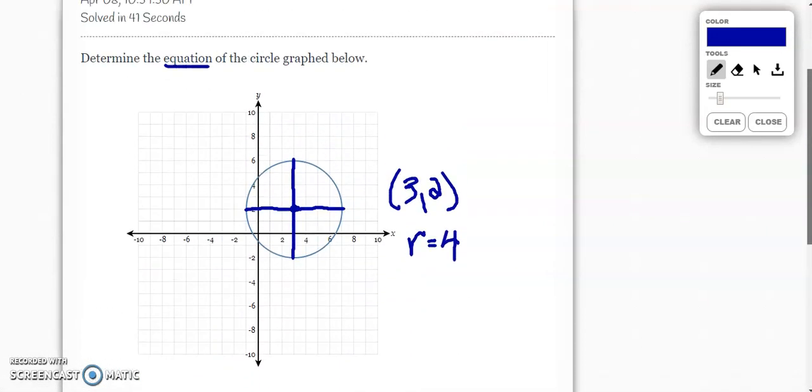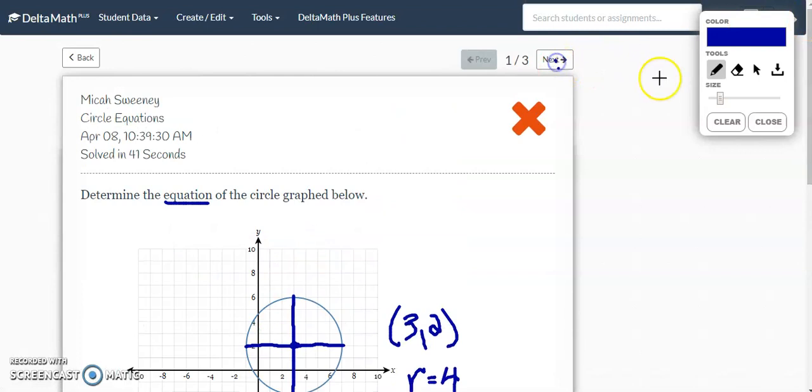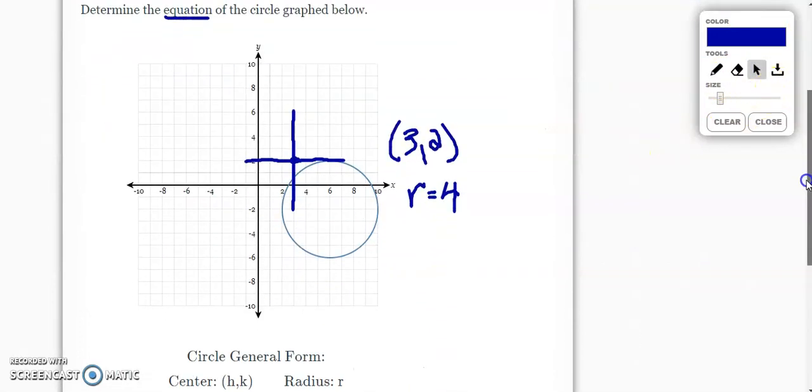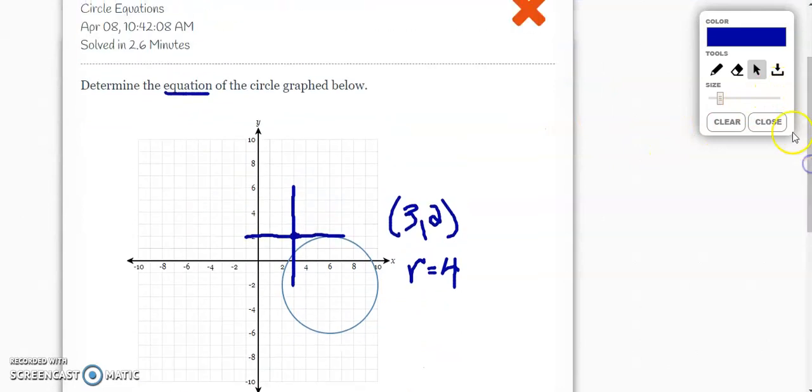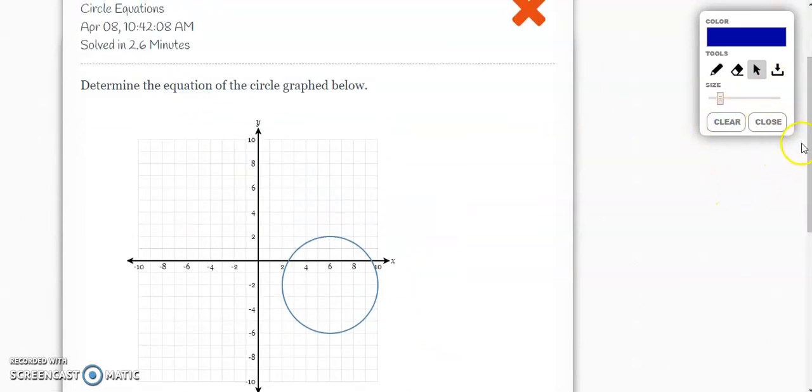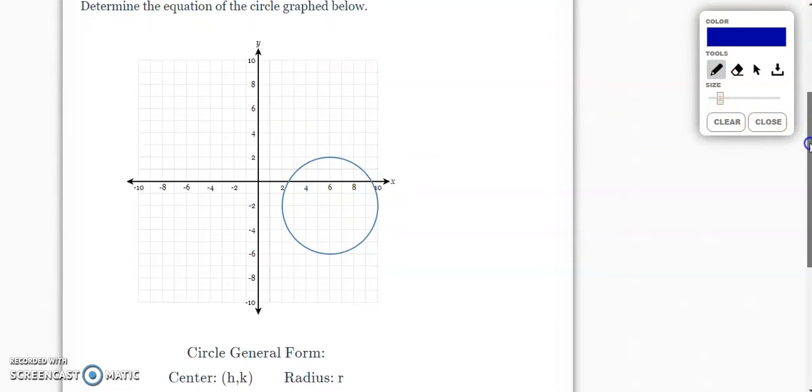Okay, and then let me scroll up here quick, and let's go to the second problem. And let's clear that stuff out. All right, so first thing we want to do is figure out the center. They want the equation, okay? So looks like here's my center.